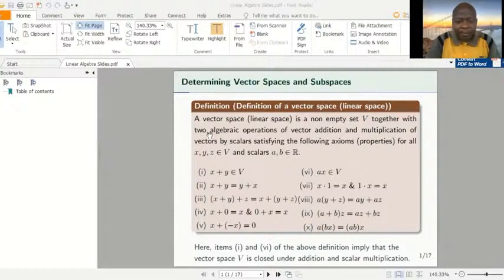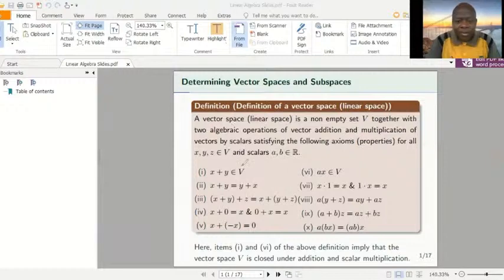And a vector space is just a non-empty set together with the two algebraic operations, the operation of addition and that of multiplication by scalars, that fulfills the following properties. So it must fulfill these 10 properties.